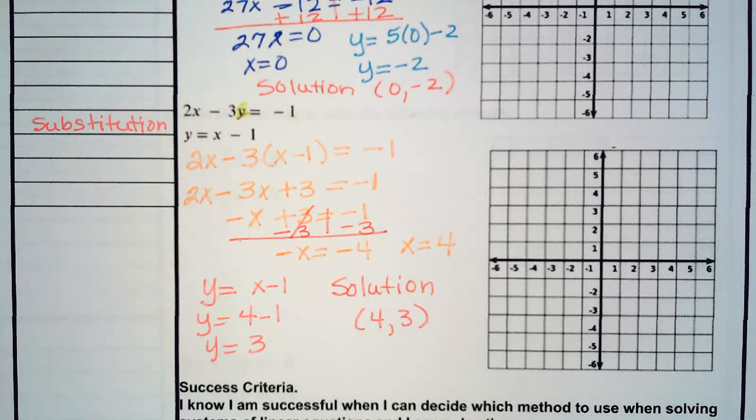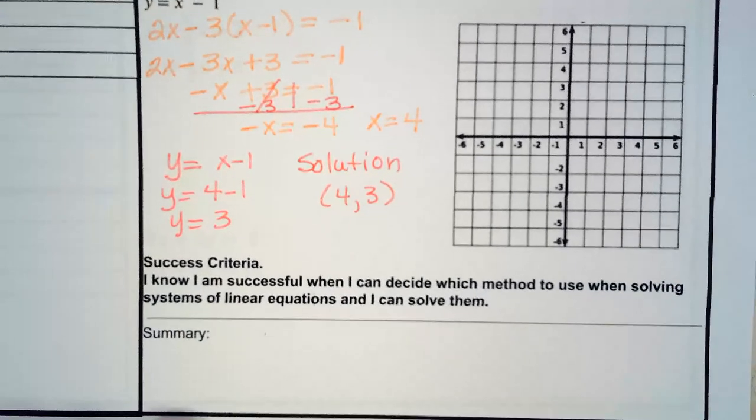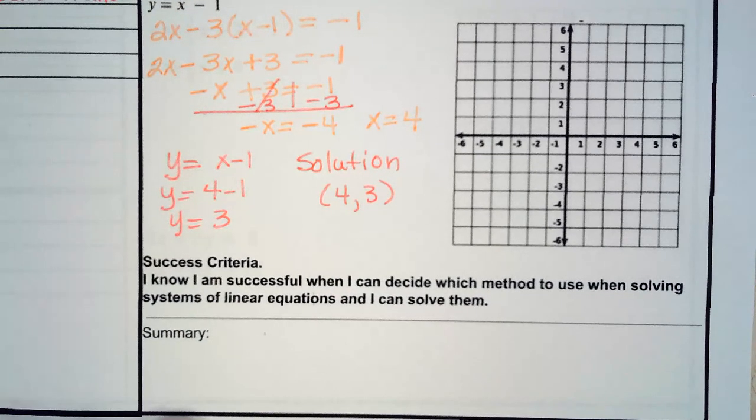So as you're doing the systems of equations, take a minute and look and see which method would make the job easier. Sometimes you'll go to the same method a lot because that's the way you prefer to do it, and that is fine. But always choose a method that will work for you. How do you know when you're successful? You know when you're successful when you can decide which method to use when solving systems of linear equations and then solve them.